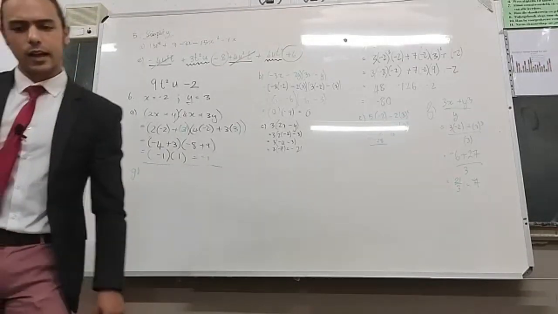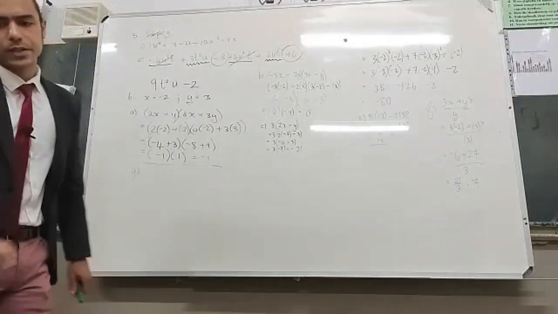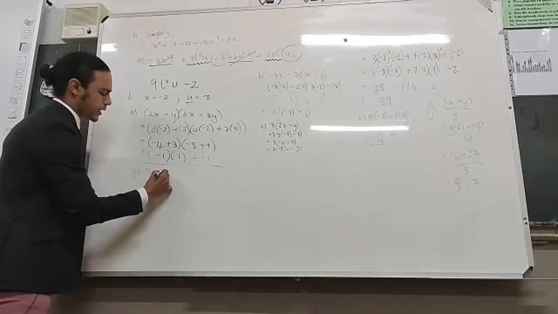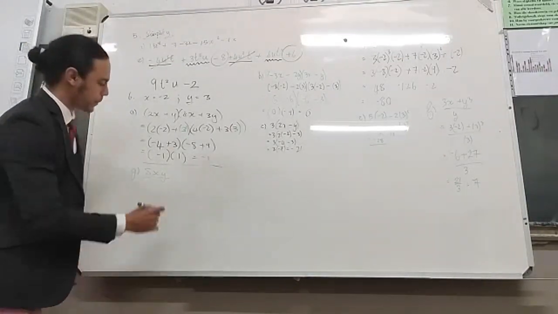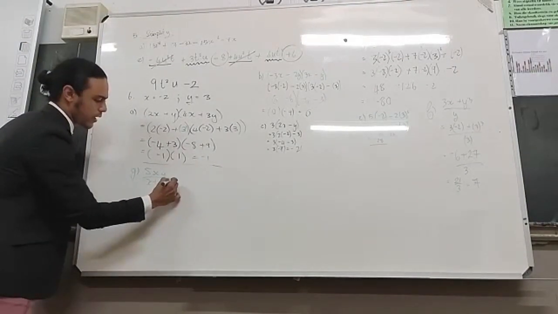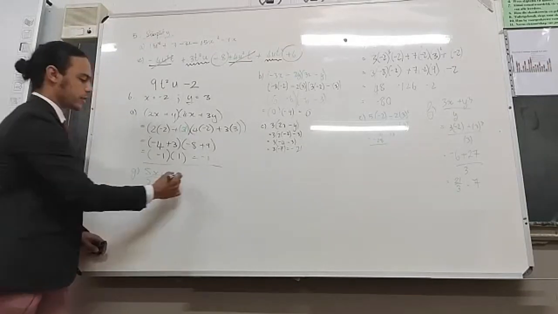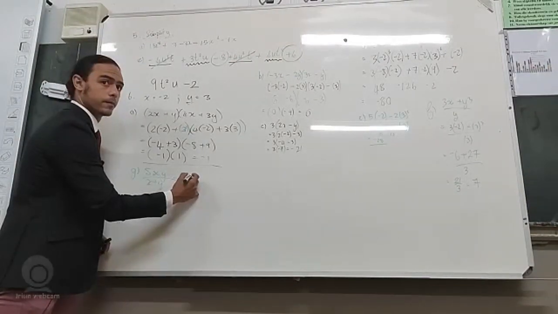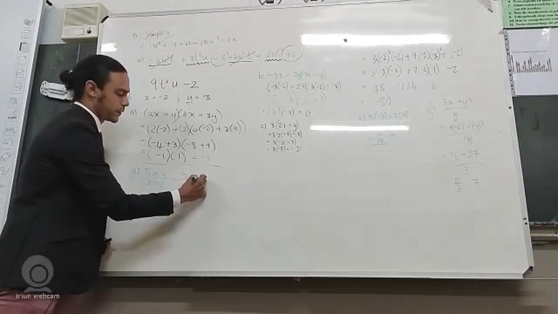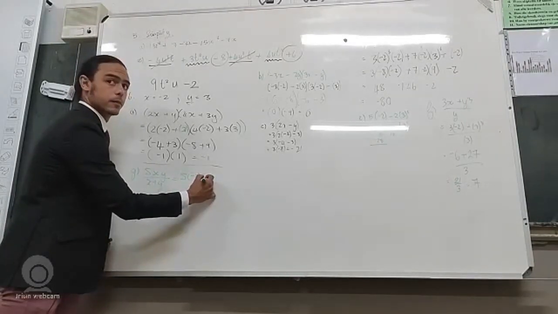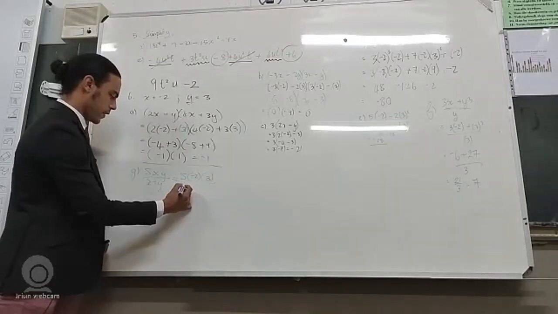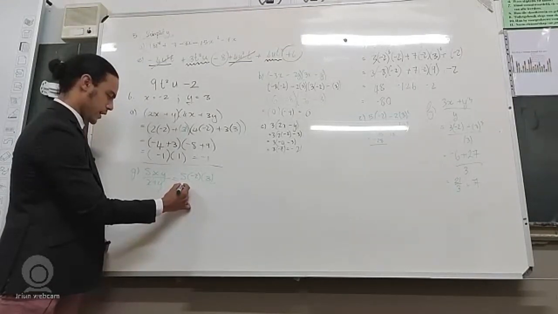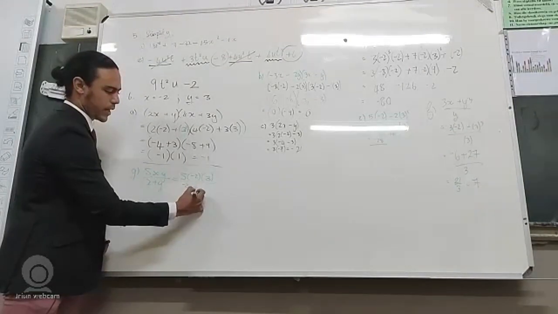Alright, so at this moment, at number G, we have 5 times x times y over x plus y. We do the substitution now. That's going to be 5 times negative 2 times 3. And then here we divide by x plus y, which is negative 2 plus 3.